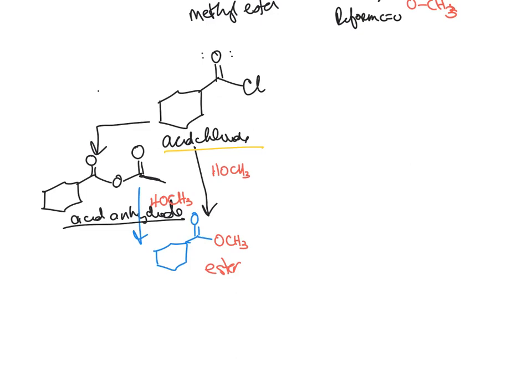What else we have? We have an amide. Esters can go to an amide. So if we have something like NH3, ammonia, like this.